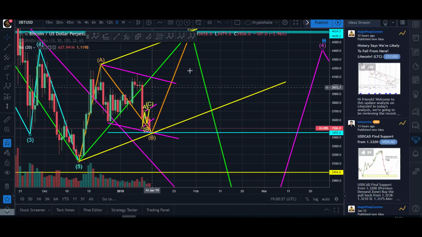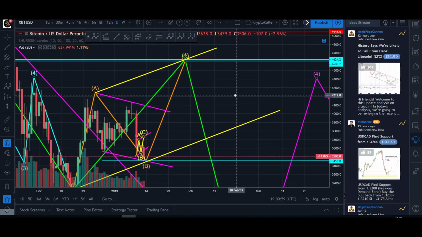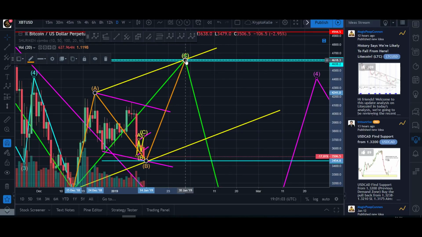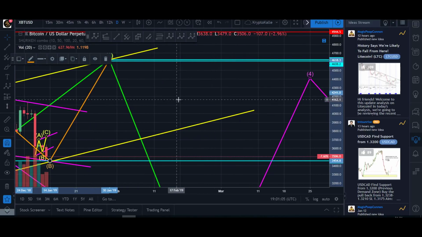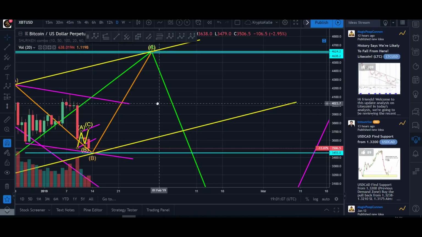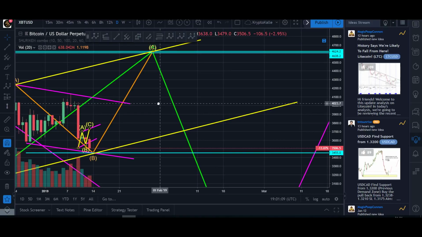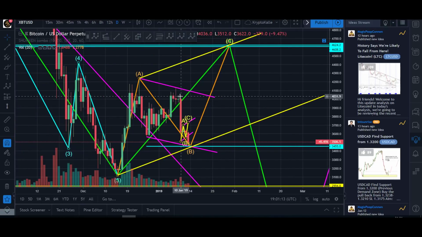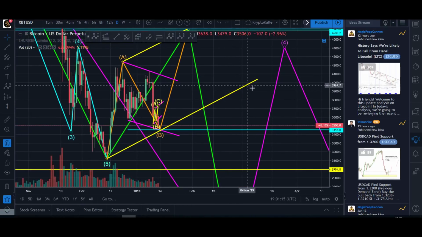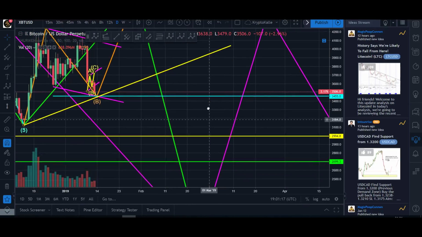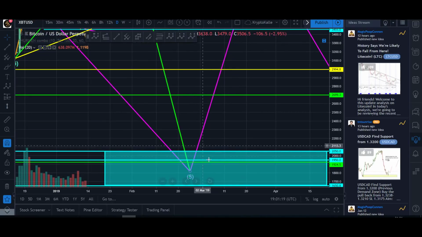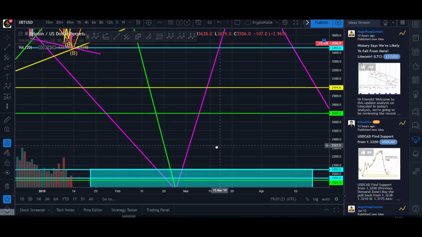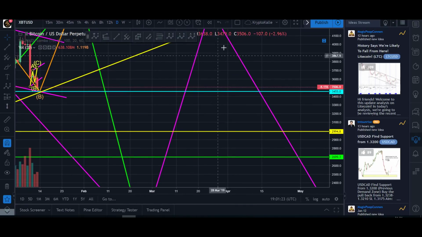In my opinion, retracement patterns are easier to calculate than impulsive movements, because the fifth wave can mess us up in many ways. But still, this is how I see it playing out. And after that, I don't think that area is the bottom, and it will start a bigger retracement up.